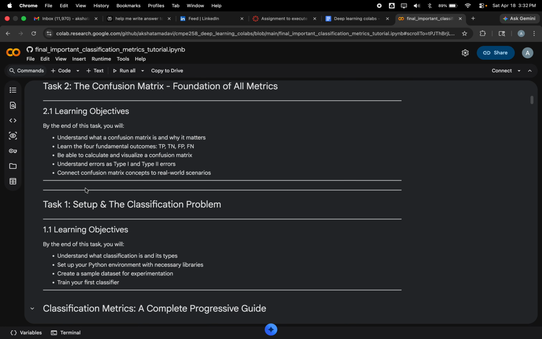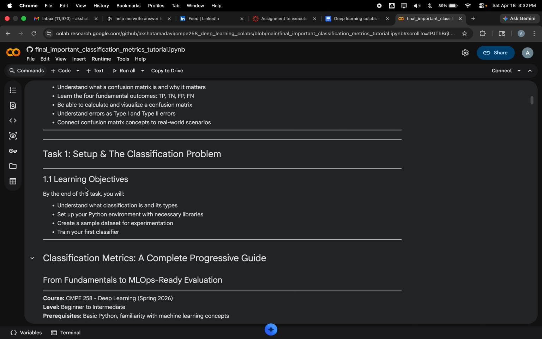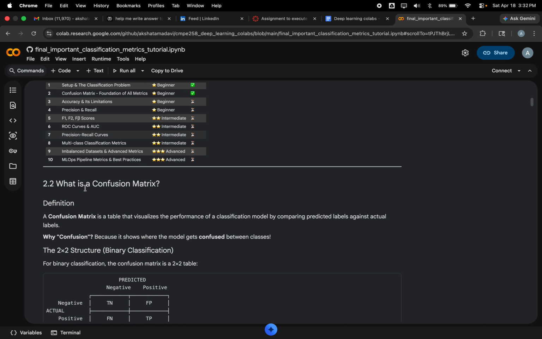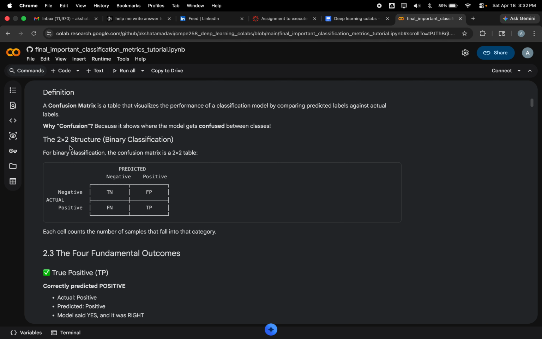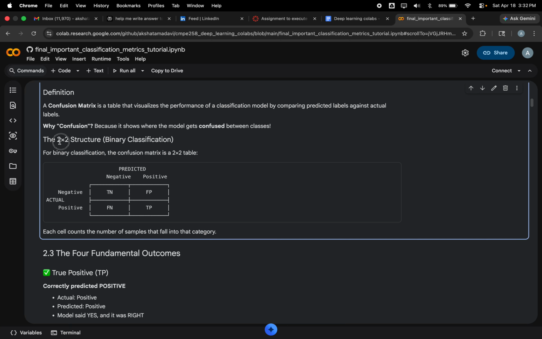The confusion matrix is a table that visualizes the performance of a classification model by comparing predicted labels against actual labels. Why confusion? Because it shows where the model gets confused between classes. It can be a 2x2 structure for a binary classification.